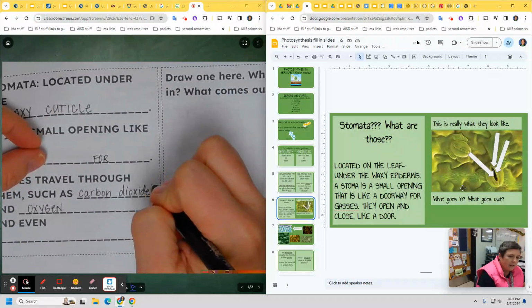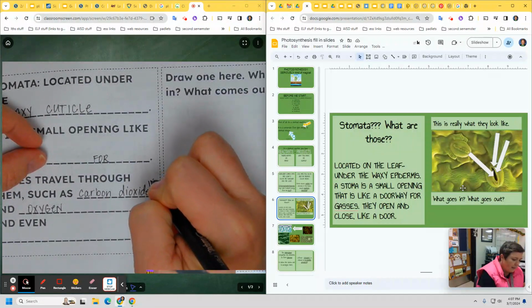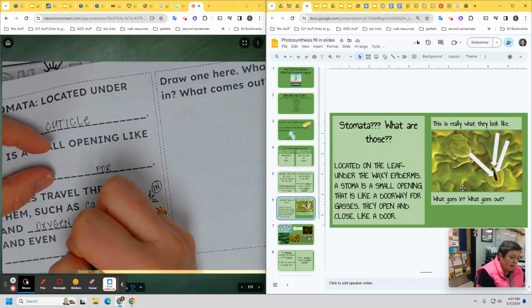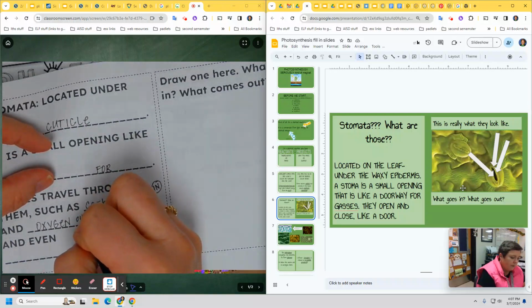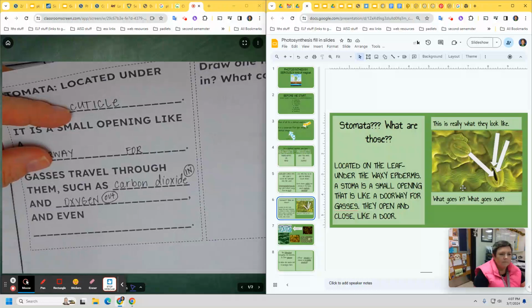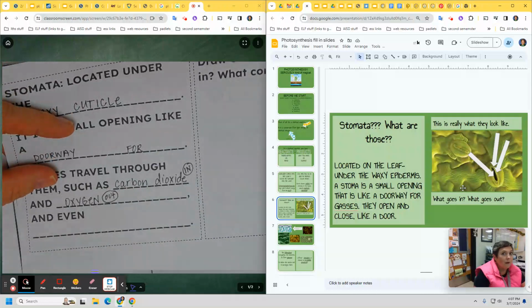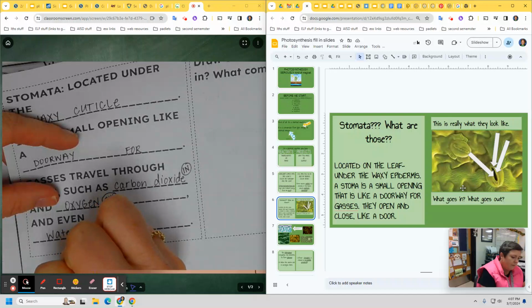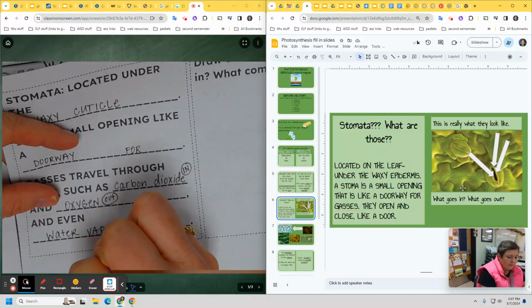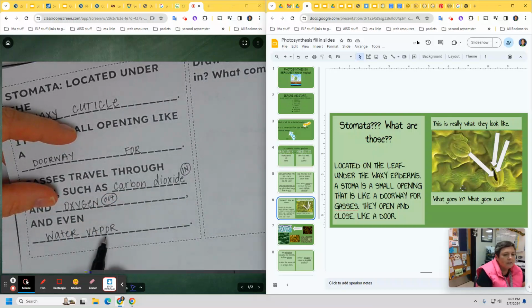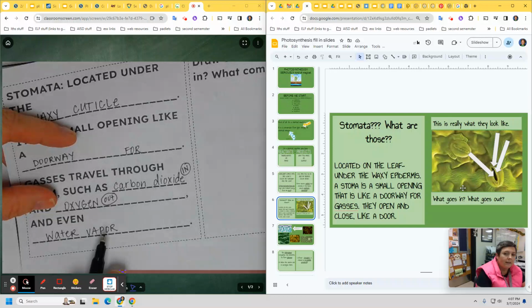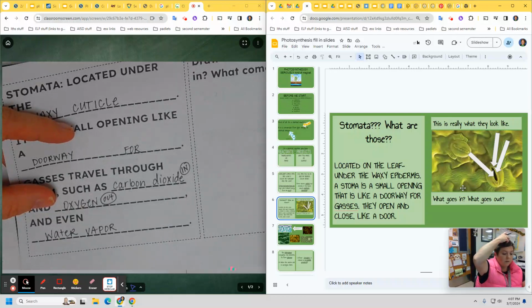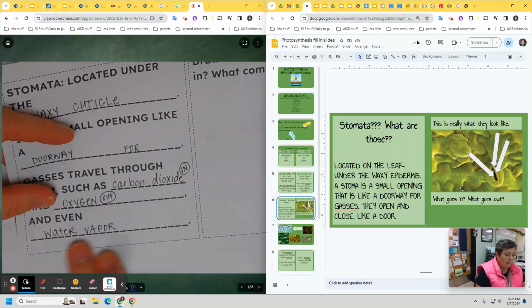So why don't we write carbon dioxide in and oxygen out? And even water vapor. Okay, and we're specifically talking about water vapor here because only gases go through the stomata. So it has to be vaporized. It has to be like steam.